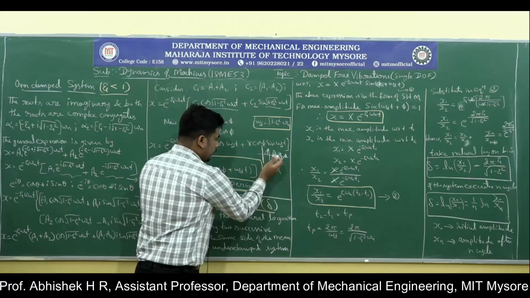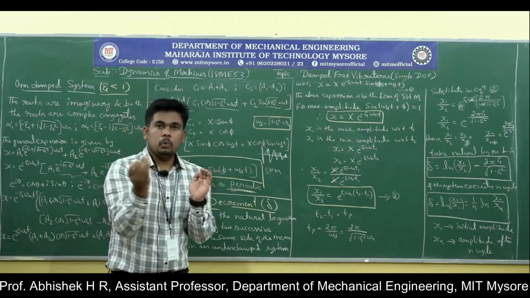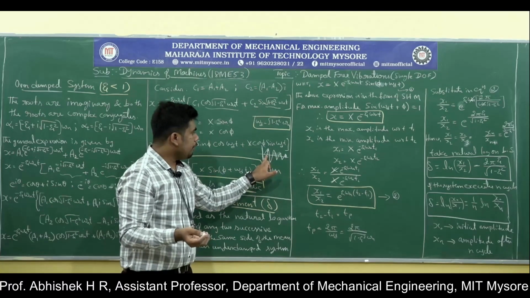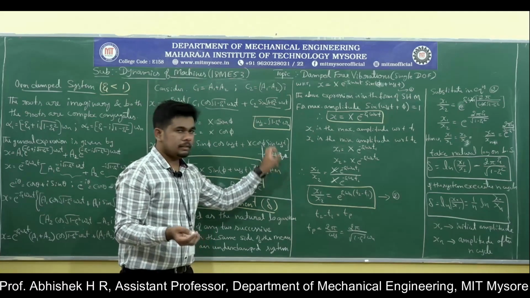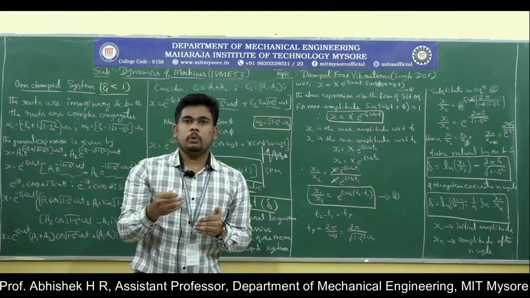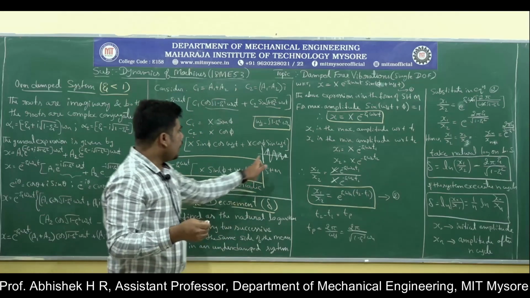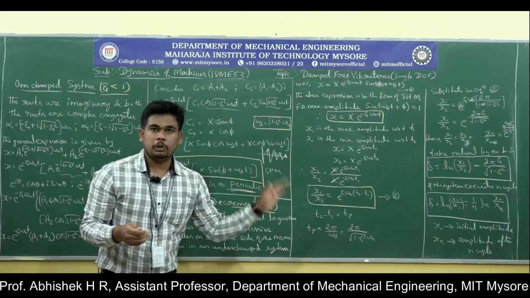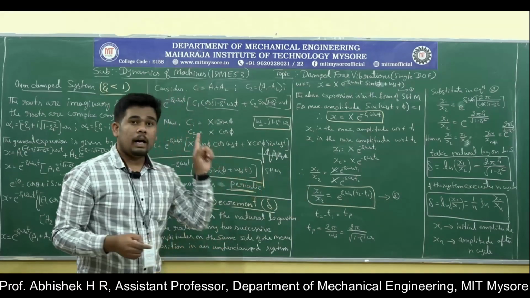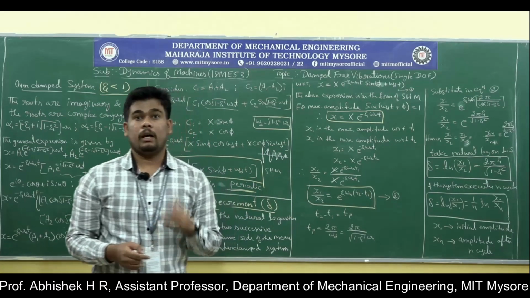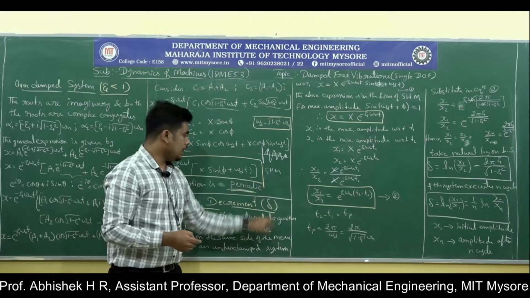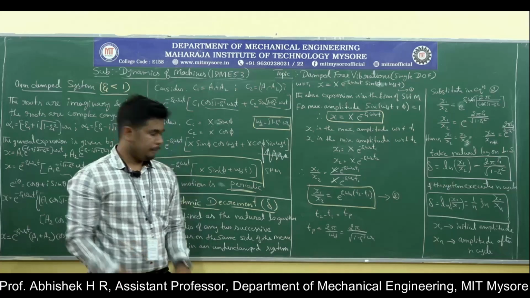So the ratio of two successive amplitudes, if it is x1, x2, x3 and x4, x1 by x2, on the same side of the mean position under the underdamped system, we call it the logarithmic decrement.